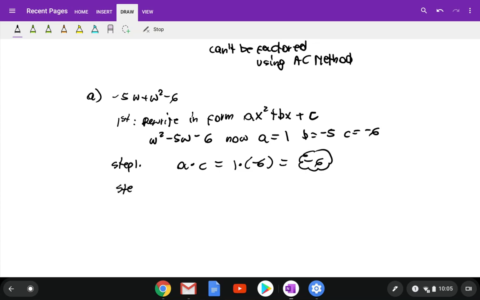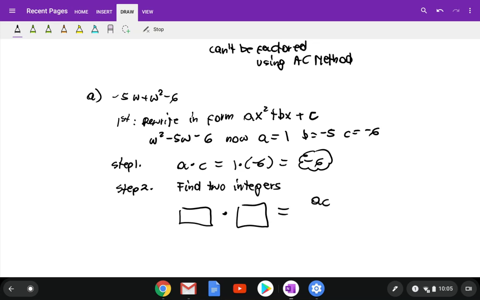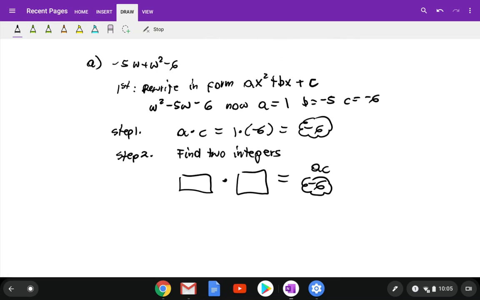Step 2: find two integers which by multiplication give you AC, which is negative 6 in our case, and which by addition give you the coefficient b, which in our case is negative 5.